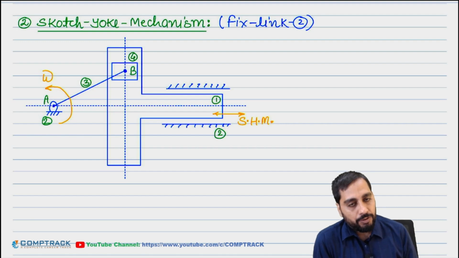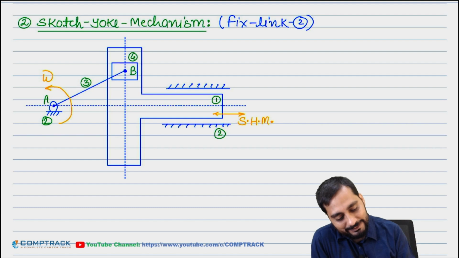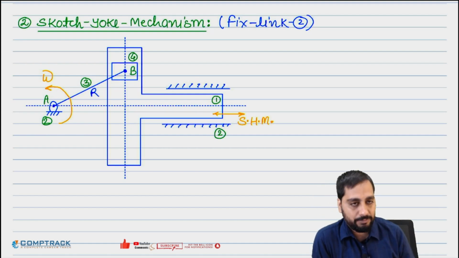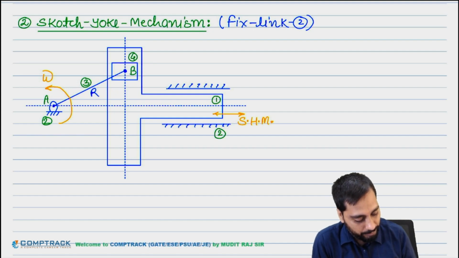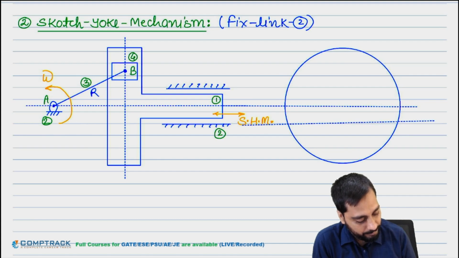Okay. So let's start this. Let's say this is the radius R, or you can say the length of the AB link. A similar radius circle we will draw here like this.